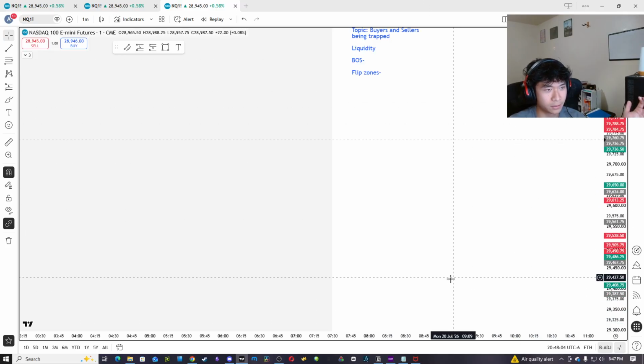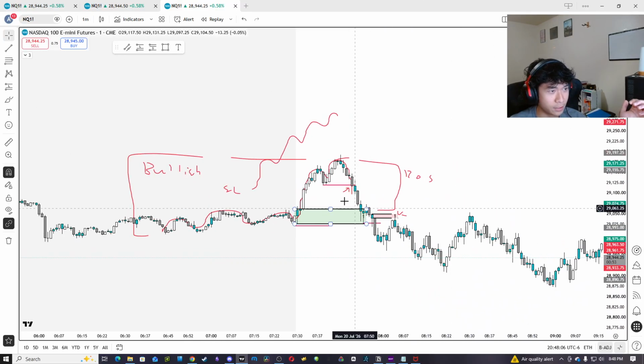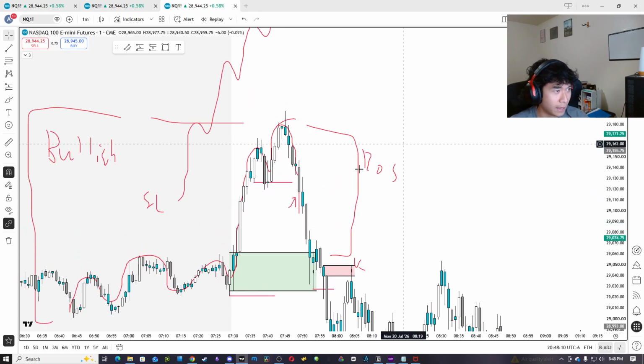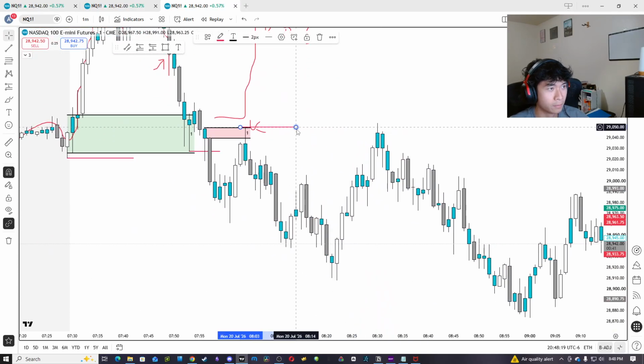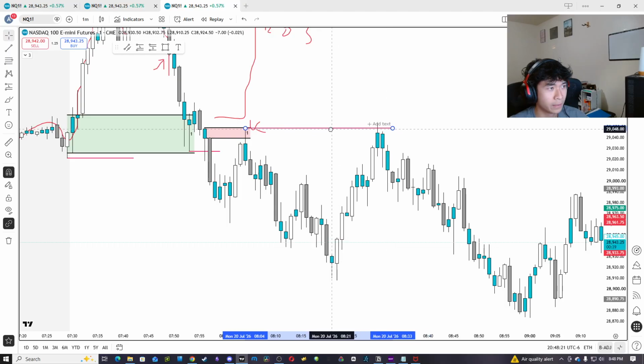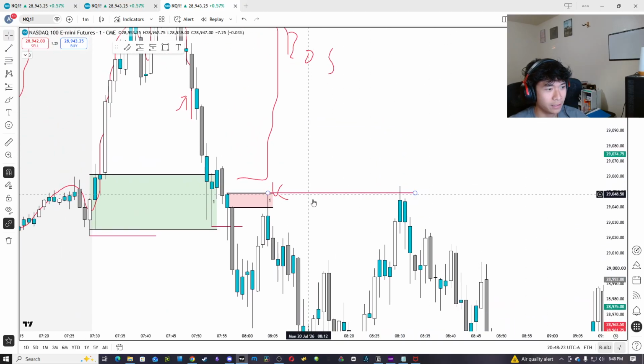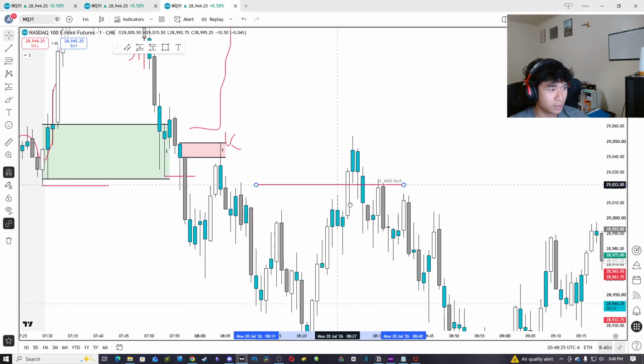I'm going to go back to the charts. You see one here, one right here at that swing low, one here, and then this swing high gets protected. Look, right here, swing high, it gets invalidated here. Swing high also gets invalidated here.